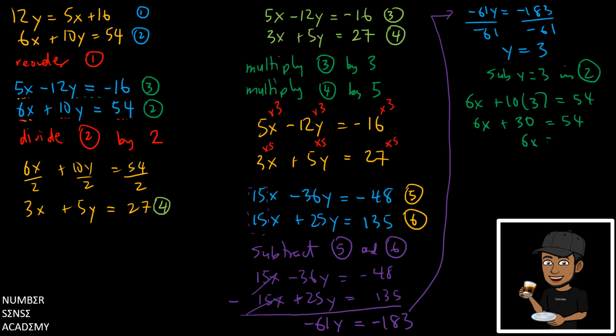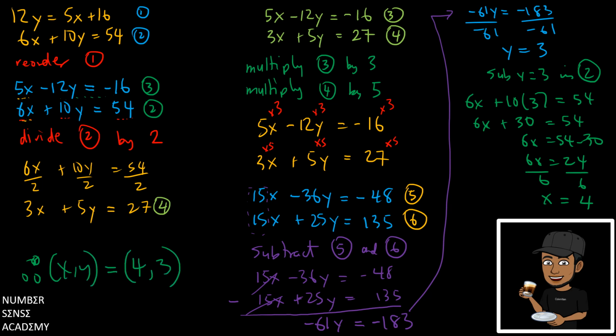So I end up with 6x equals 54 minus 30. 6x is equal to 24. Divide both sides by 6. x is equal to 4. Because I run out of room over here, I'm going to write my solution in big numbers. Therefore, x and y is 4 and 3.